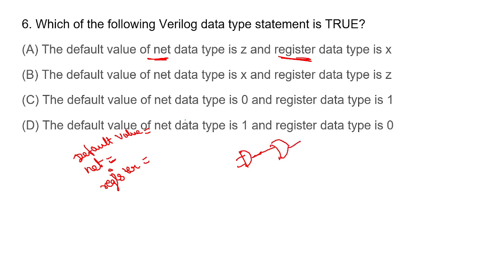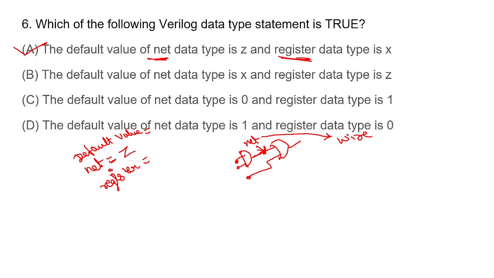Option A. So this variable I will define with net type. The keyword wire will define it as a net type variable, and the default value will be z.